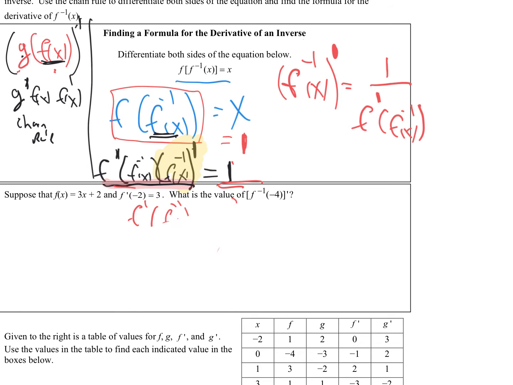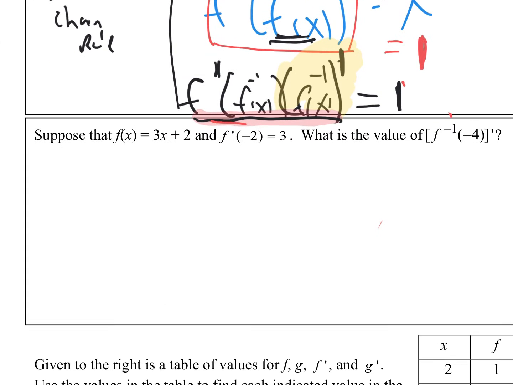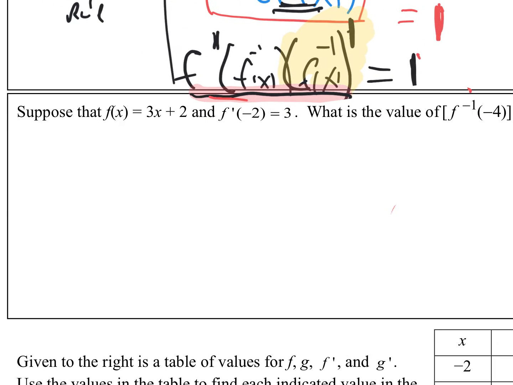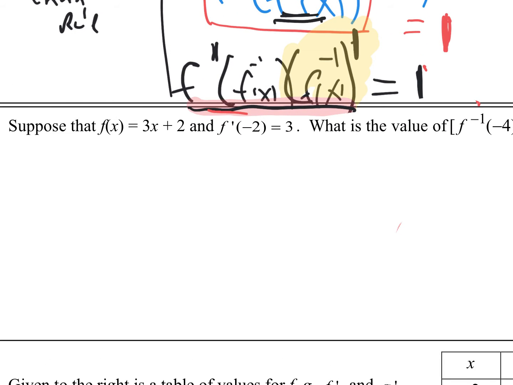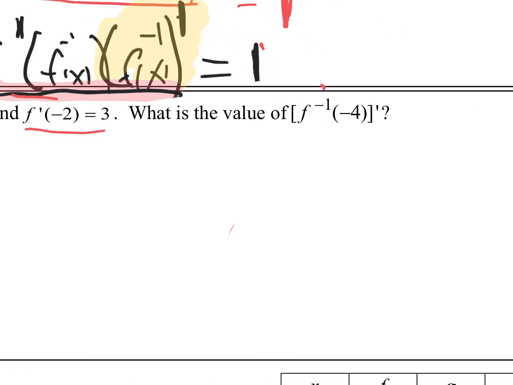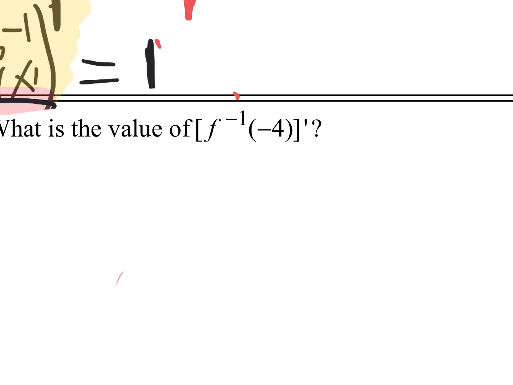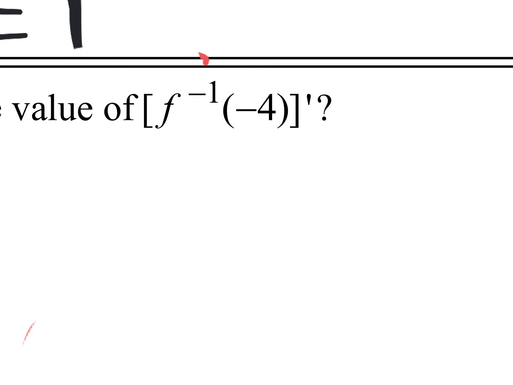Let me get rid of this, it's in my way. All right, I am not going to break apart this equation of a line and talk about its slope being constant, whatever. I'm just going to pretend it's any equation in the world. f of x is this equation. He's given me an ordered pair, which, by the way, he didn't have to, but he did. And he's asking me to calculate the derivative of f inverse evaluated at -4.